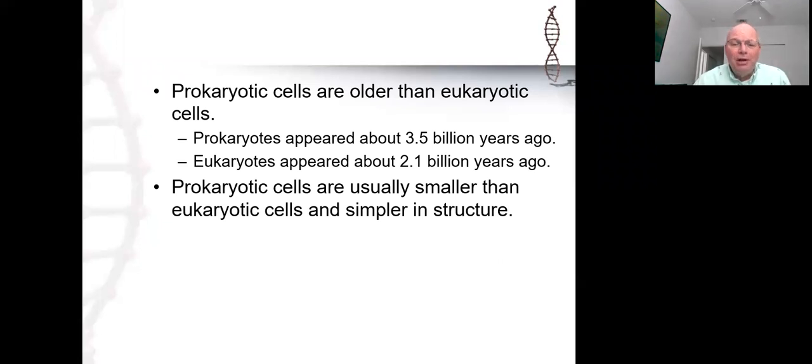because prokaryotes and archaea, or bacteria and archaea, must represent what the very, very first cells actually look like. They must have been prokaryotes, and they probably appeared first somewhere around 4 billion years ago, maybe a little bit further back in time than that.